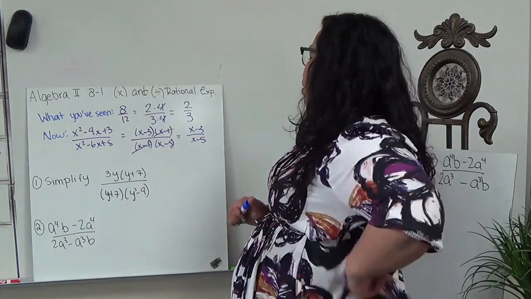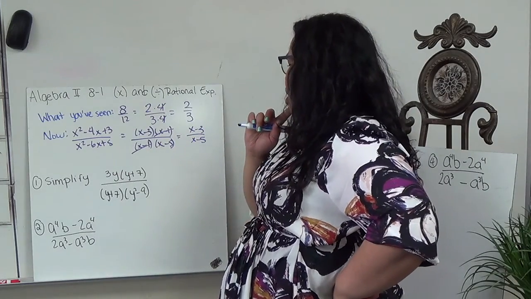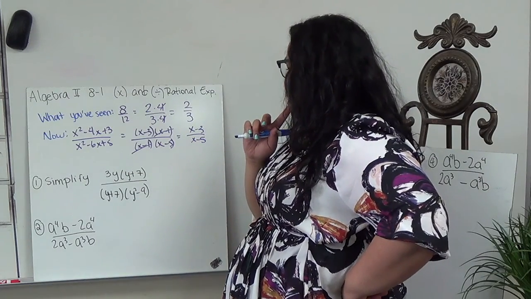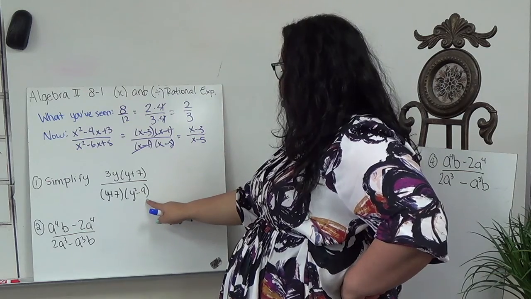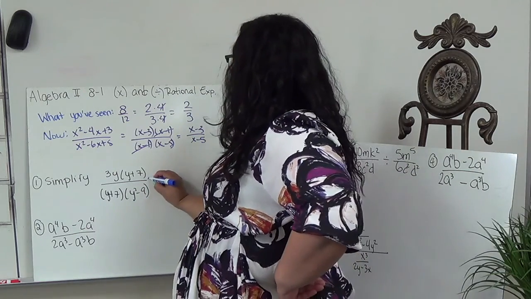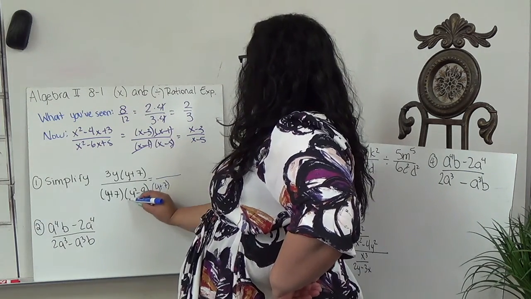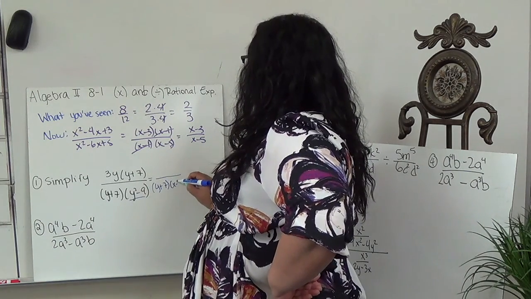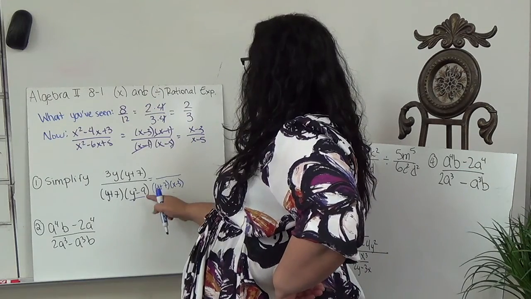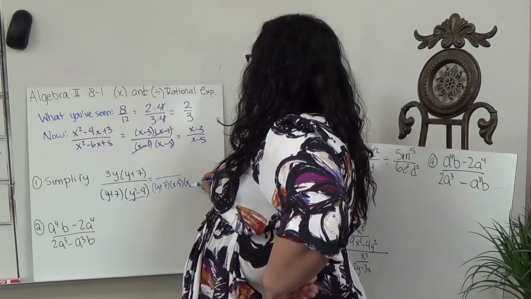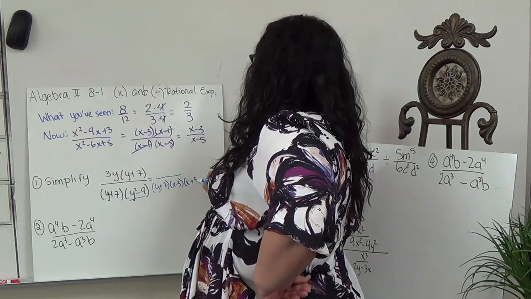So, for example, this right here is simplified. I can reduce the bottom one to y plus 7, and this can be (y minus 3)(y plus 3), right? Two numbers multiplied together get me negative 9, but added together get me 0 because there's no b.